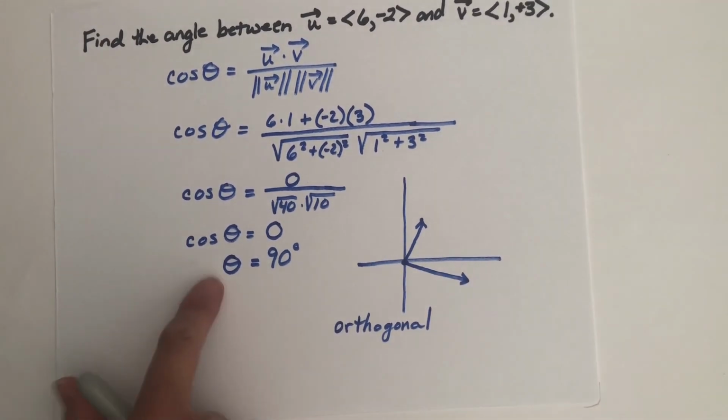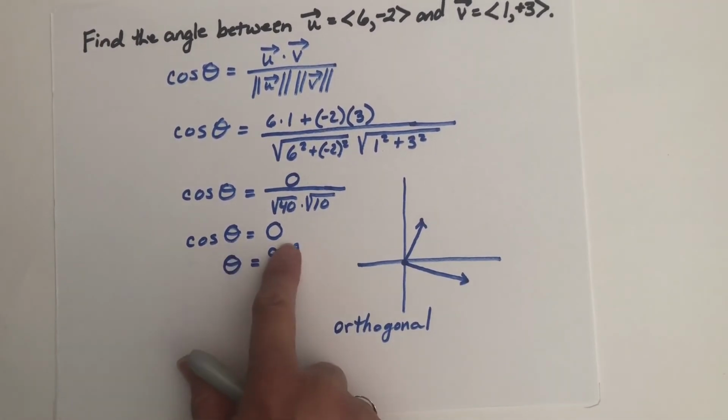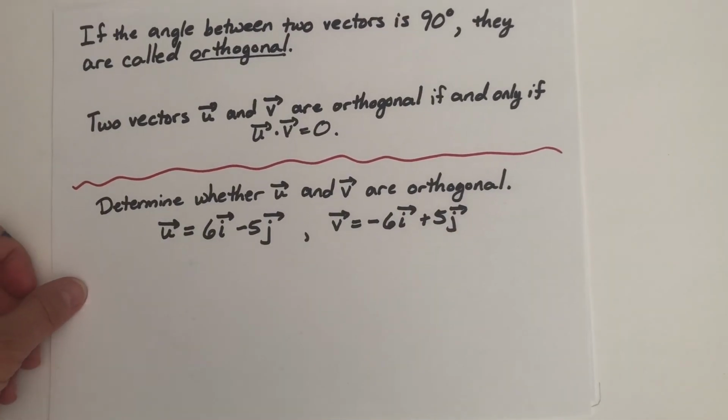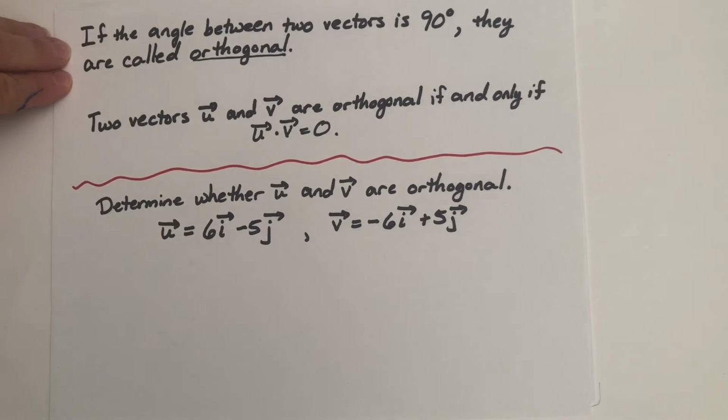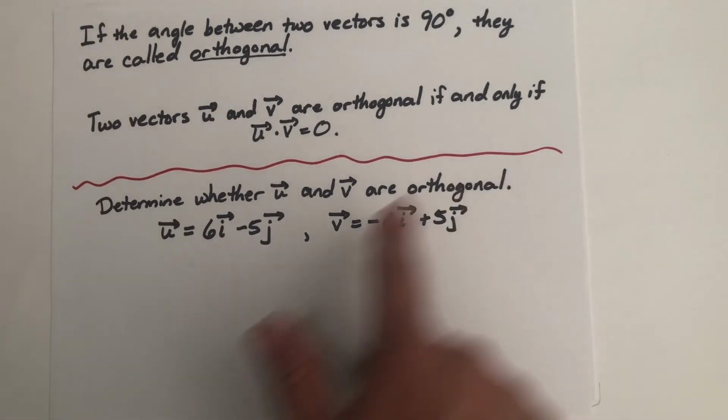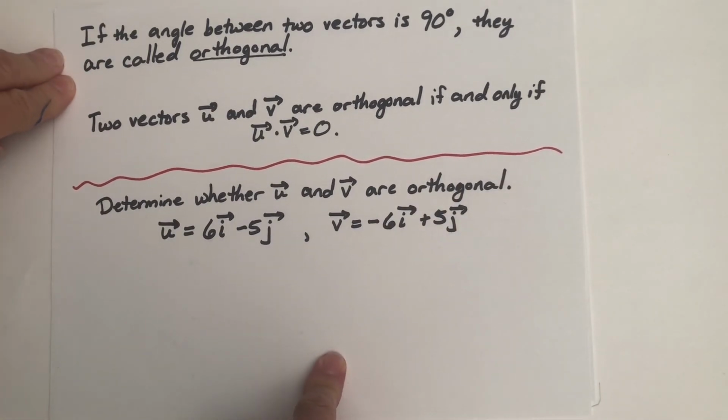And notice how we got there. We got that 90 degrees because the cosine of theta was equal to 0. So let's summarize here: if the angle between two vectors is 90 degrees, they're called orthogonal. It's a very common vocabulary.